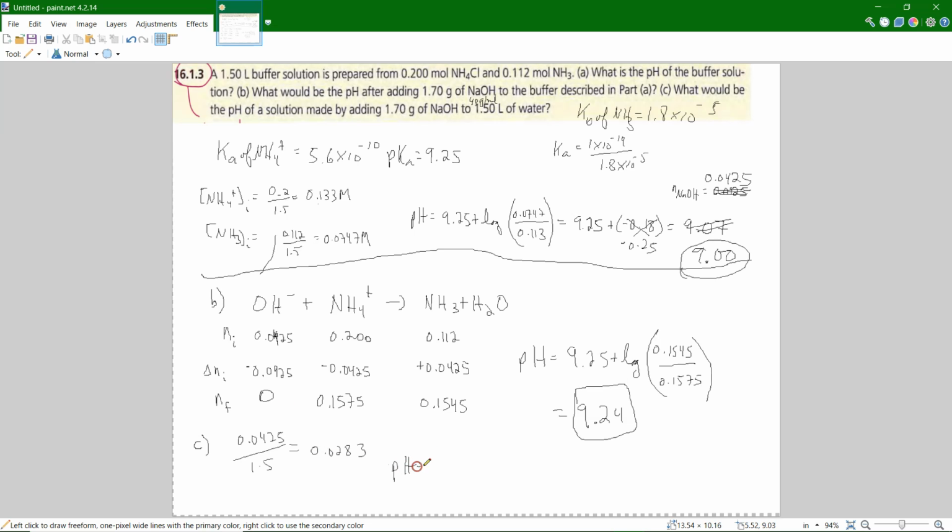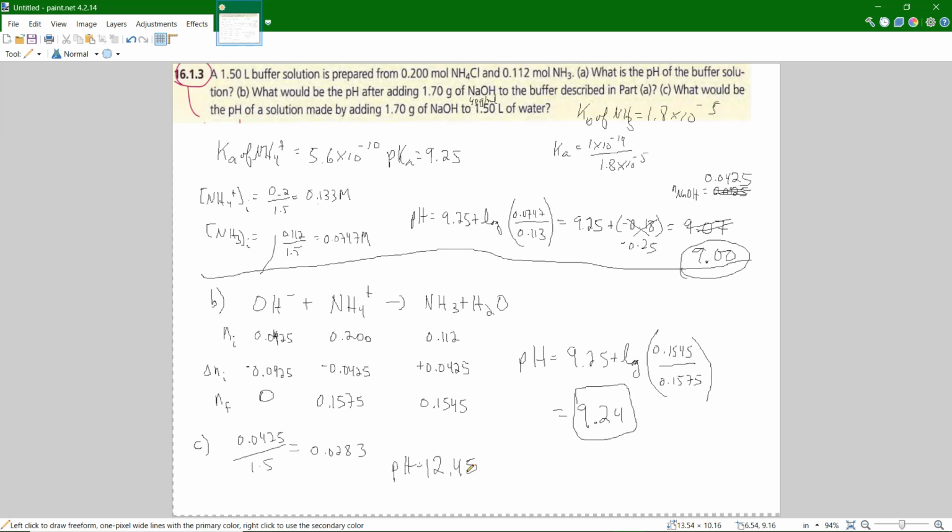So the pH is 14 minus 1.55, and I get 12.45, which is a lot more than 9.24. Okay, again showing the point of the buffer.